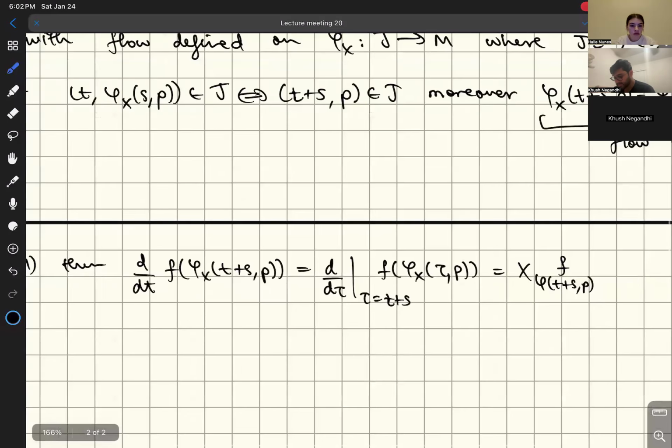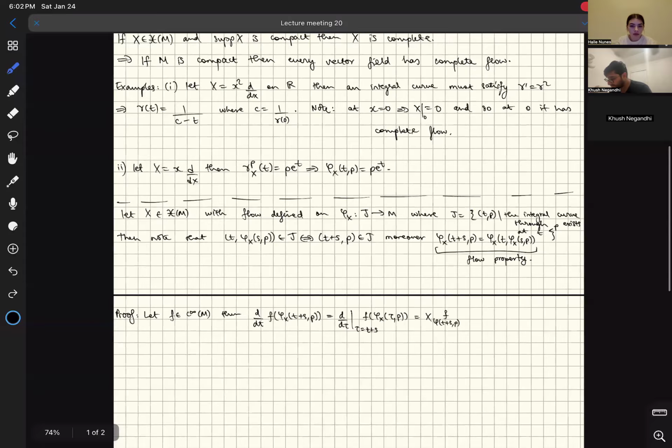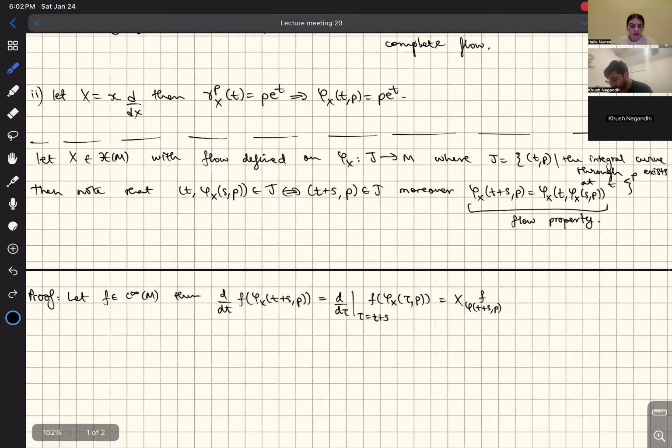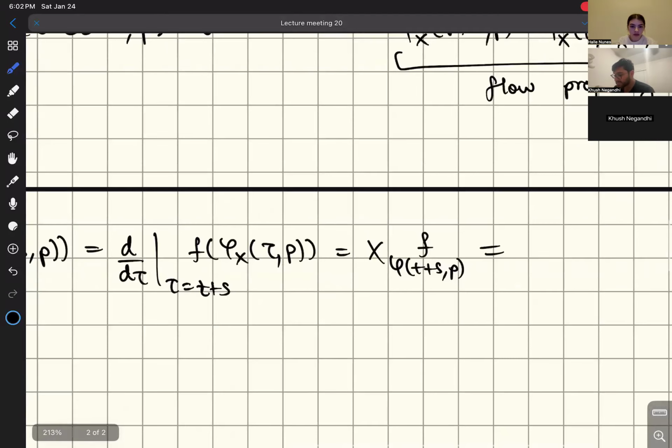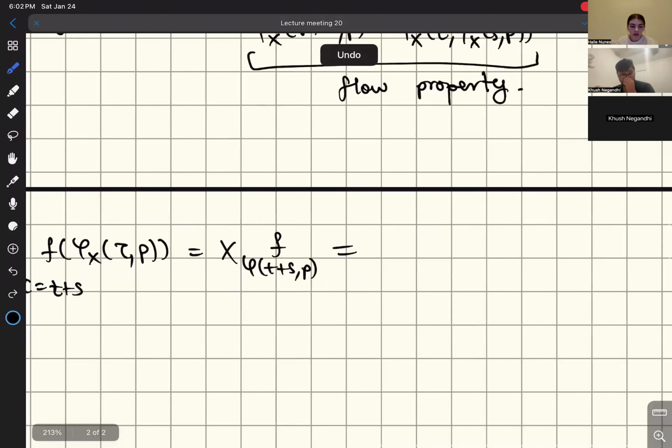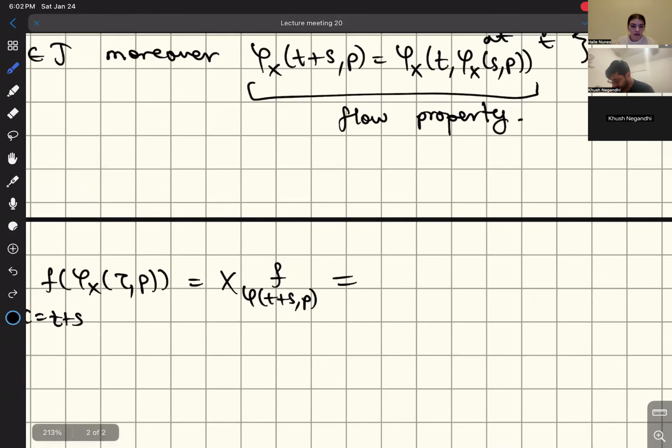But now this has shown that this is a flow. But the flow of this thing is... sorry, one second, I just lost my train of thought completely.